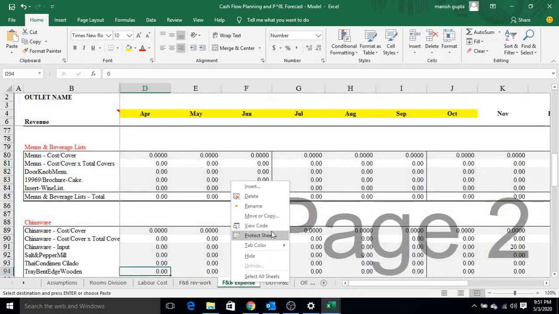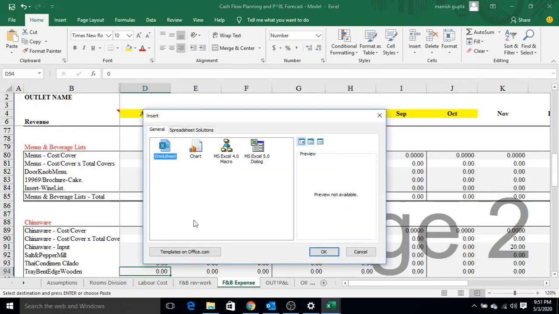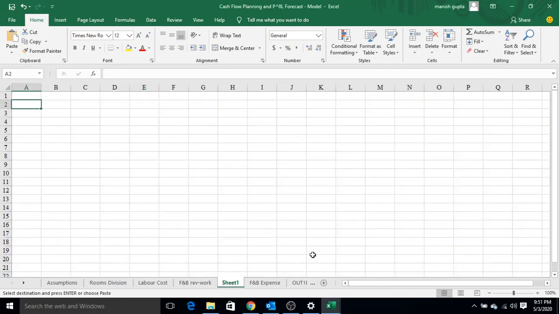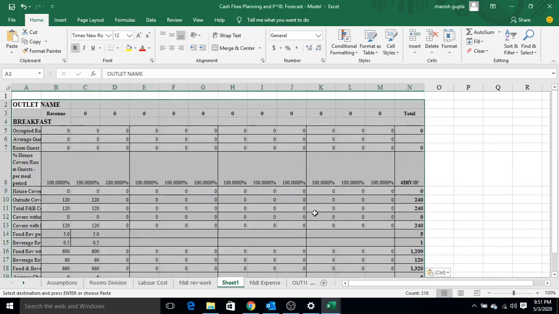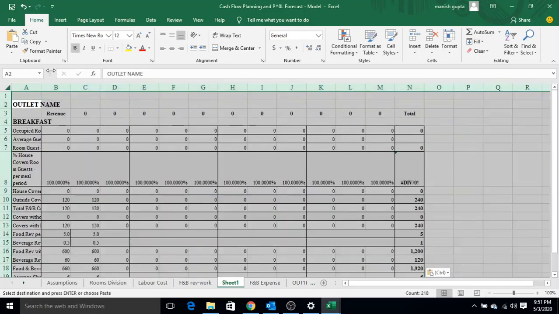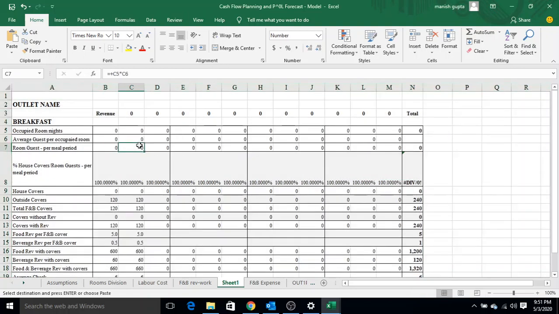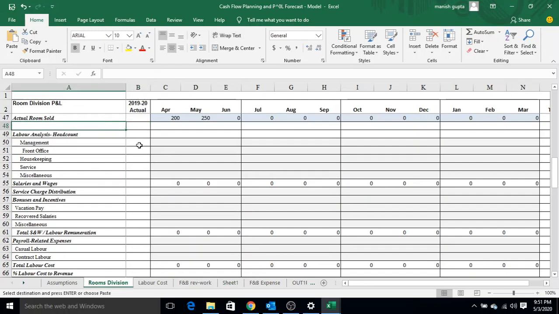Let's create the sheet again. Here now you can clear the budget, right? Okay, so occupied room nights are coming from the budget, from the rooms.